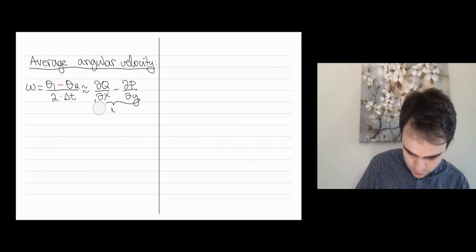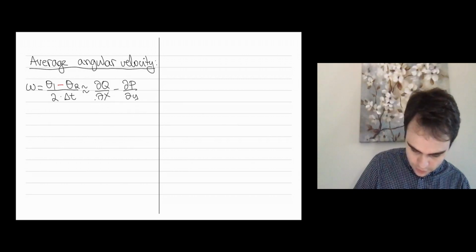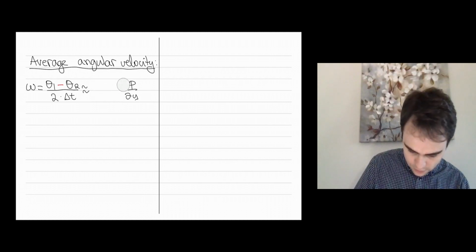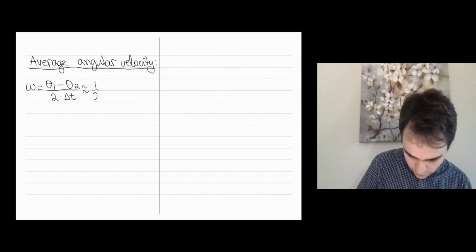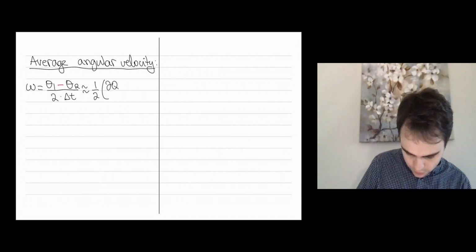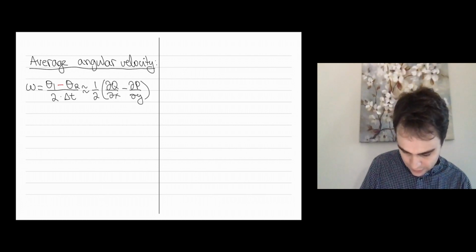Oops. I forgot about the factor of 2. Oh God. It's 1/2 of dq/dx minus dp/dy, which is, my friends, the curl of the vector field.